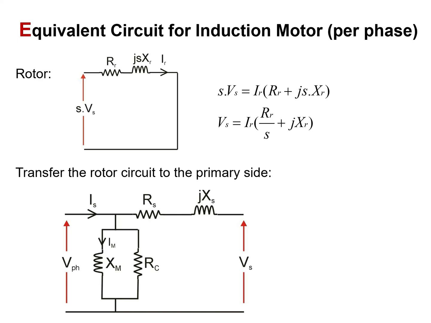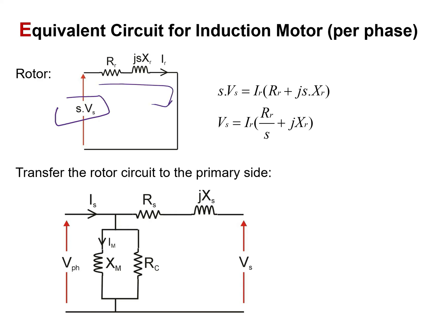To do so, first we need to calculate the voltage induced at the rotor, which is equal to the slip multiplied by the voltage of the source. So consider this as one loop of a circuit. We are able to calculate that voltage by using Ohm's law around the loop.